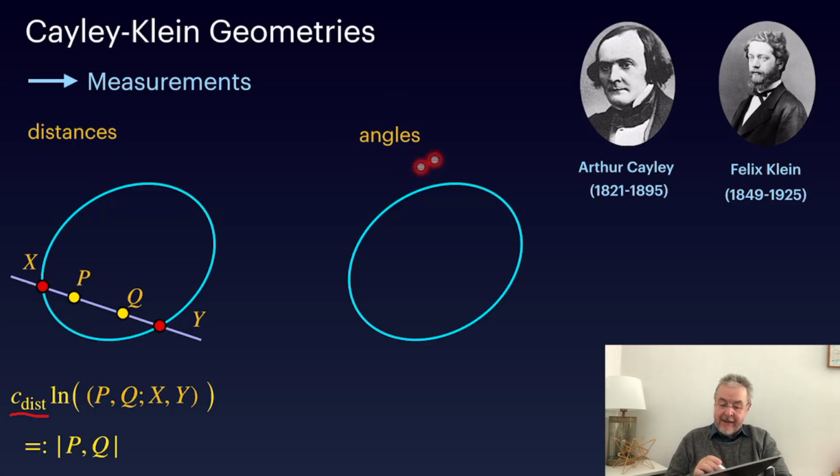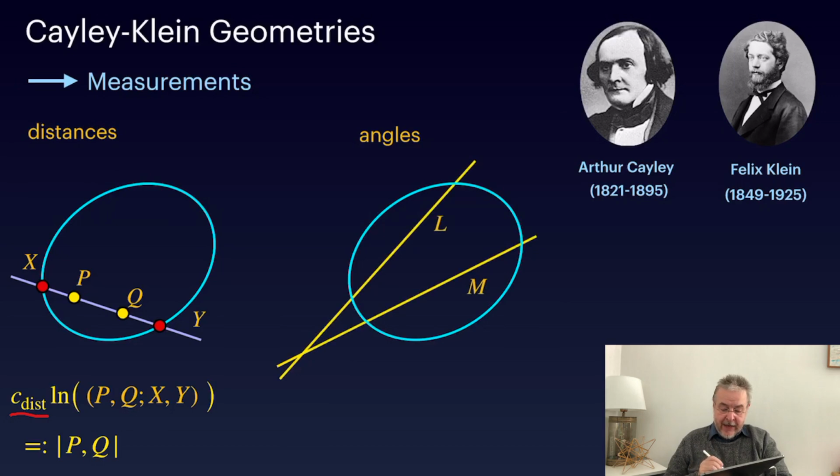And now for angles. And the beautiful thing about Cayley Klein geometries is that it is really a dual theory. So the angles are just the dual concept to distances. So what do we have to do? This time we want to calculate the angle between two lines L and M. Then we take their point of intersection first.